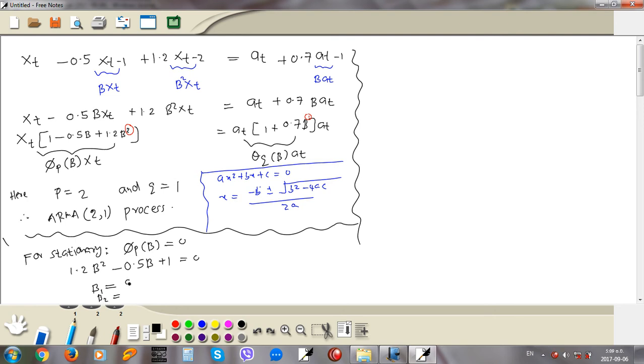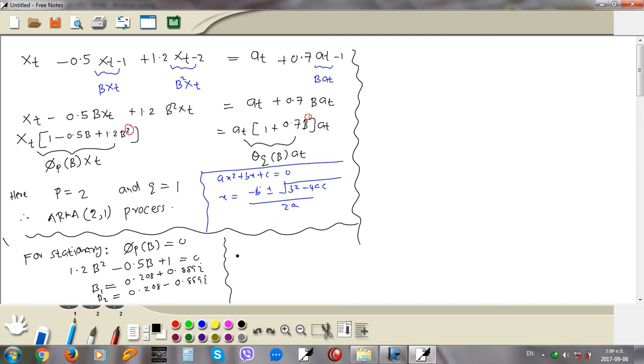So they come in complex form. That is 0.208 + 0.8899i as one solution. The other one is 0.208 - 0.8899i.